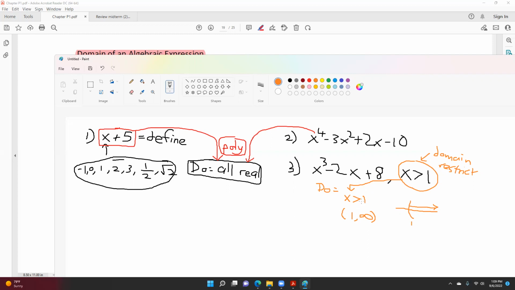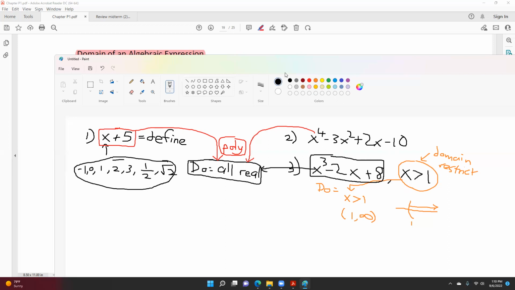So I do not know what your online homework will take. I think it's x greater than 1. Let me check back with you guys once I finish doing this. So this is considered the domain restriction. Again, without this domain restriction, your answer will be all real numbers, if you just take this part.